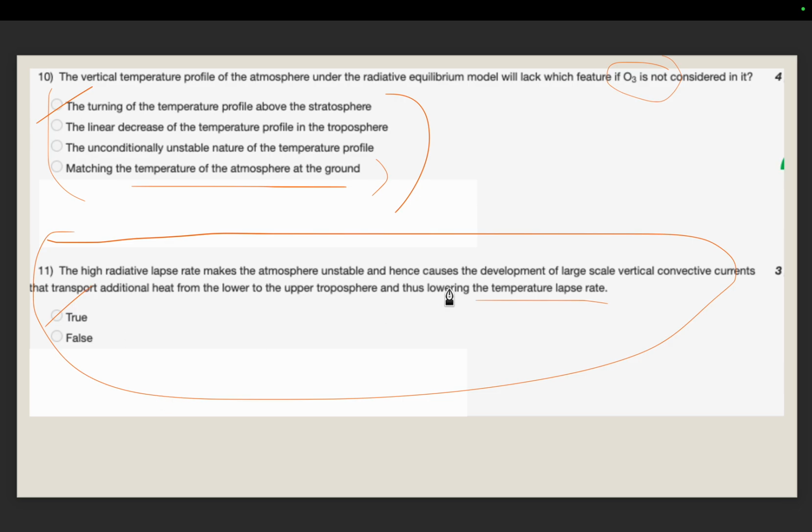I will discuss the temperature lapse rate and the radiative lapse rate in the later class, and the adiabatic lapse rate. So there are three lapse rates we are getting, and we have to compare those.